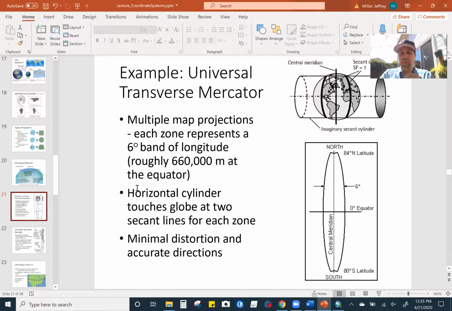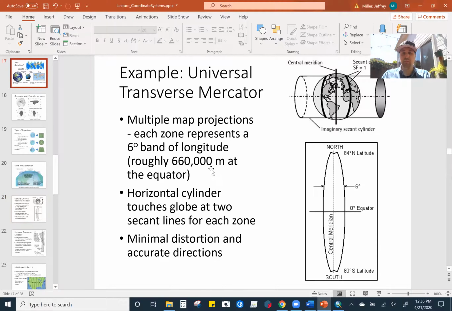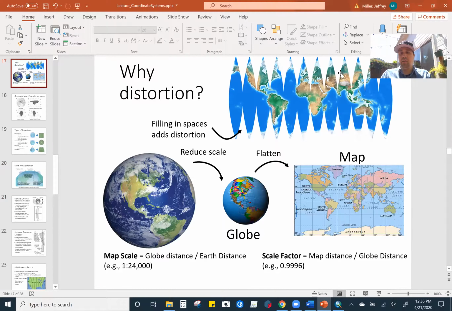UTM is broken into various zones, and each one has the same amount of distortion, but they're broken down so that the distortion is reduced. Like we saw earlier with this map at the top, this is the closest thing to a UTM as we can get.